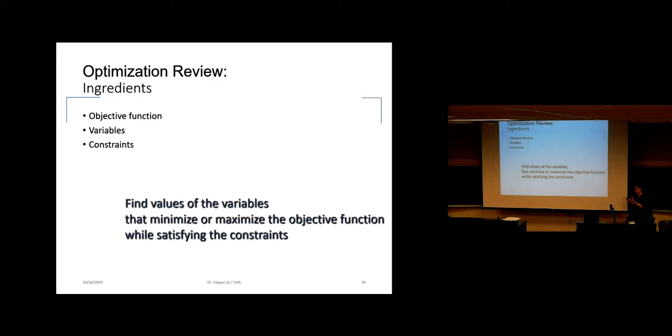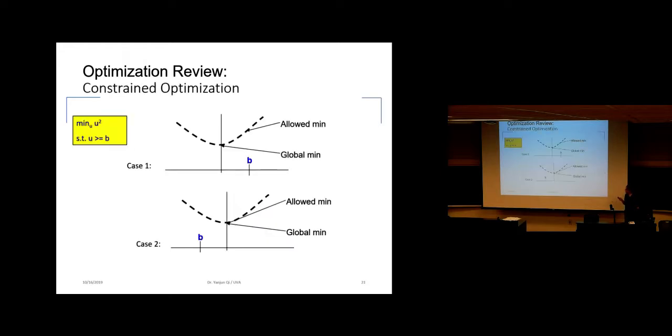So we want to find the values of those variables that minimize or optimize the objective function while at the same time satisfying the constraints.